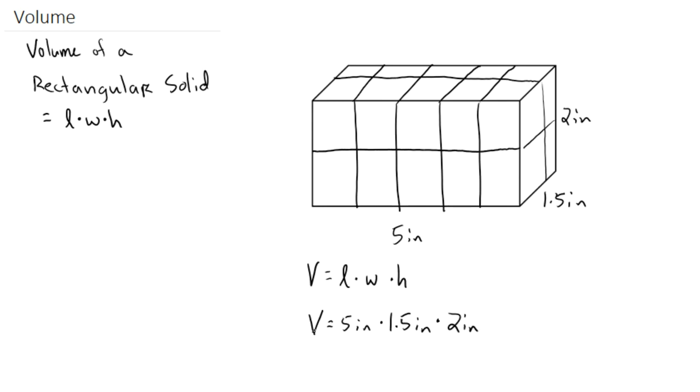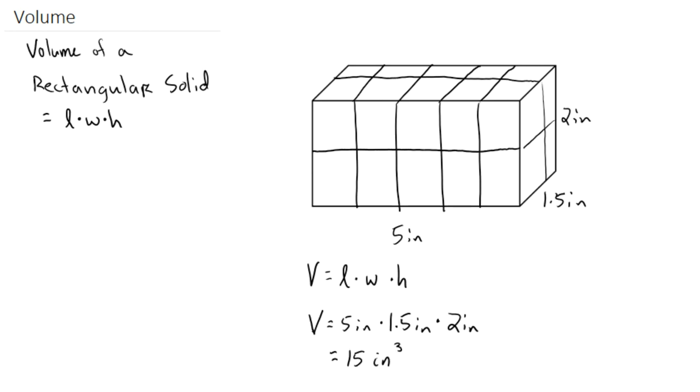And using the formula keeps you from having to count all those and glue partial cubes back together and so on. Alright, so 5 times 1.5 times 2 is 15, and then inch times inch times inch is inches to the third. So it's 15 cubic inches.